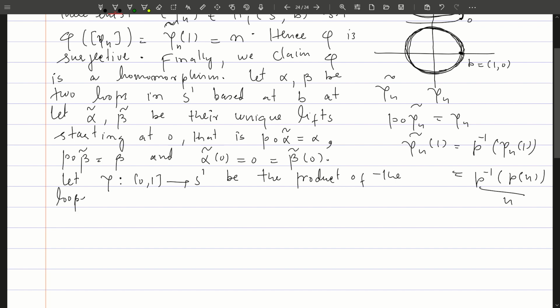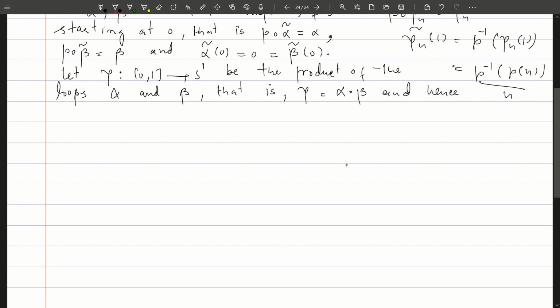This gamma is the product alpha beta, and hence gamma of s will first travel alpha at twice the speed in the interval 0 to half, and then it will travel beta in the next half interval at twice the speed.